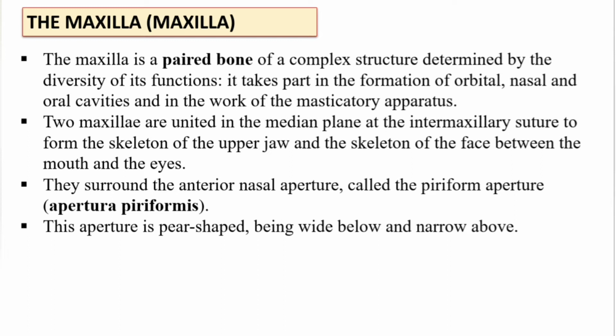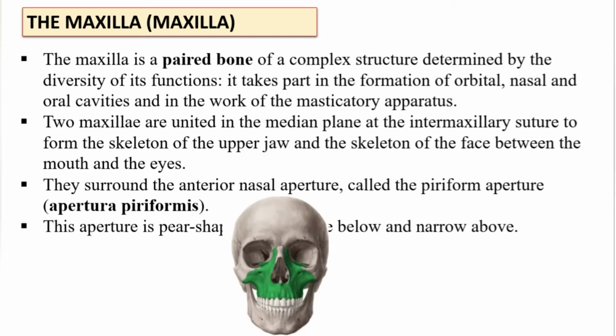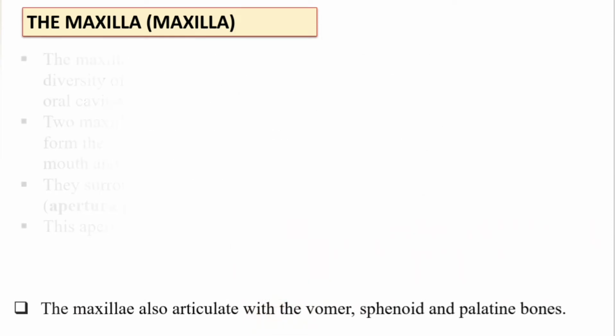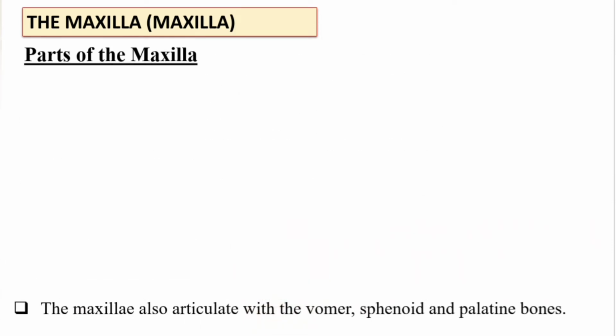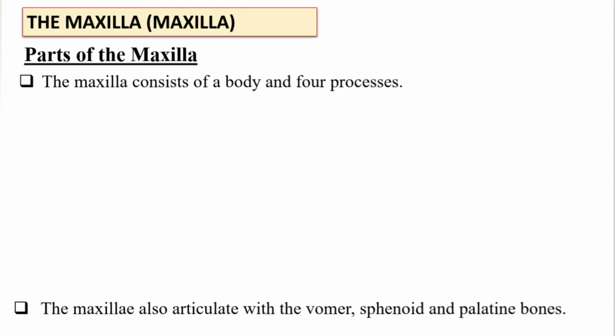That anterior nasal aperture is called a piriform aperture, apertura piriformis. It's pear-shaped. Look here, this around here is the apertura piriformis. So the parts of the maxilla: a body and four processes.